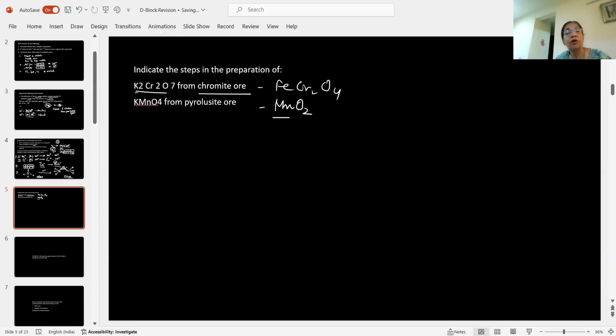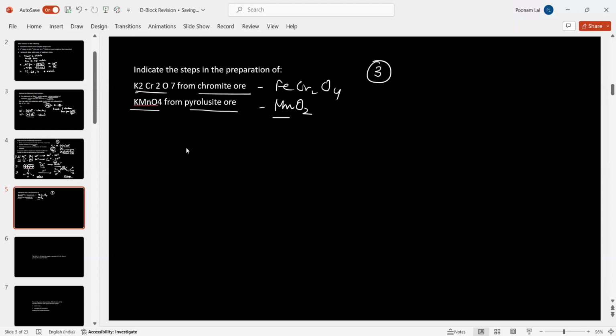Next year they ask, how will you prepare potassium permanganate from pyrolusite? And this is always a 3-mark question. You can easily get it. It comes directly. See the previous year's question papers, it is asked very frequently. How will you prepare potassium dichromate from chromite ore is a direct question.